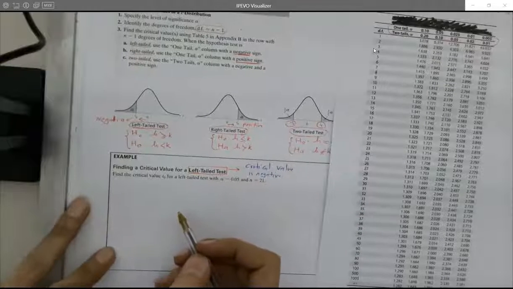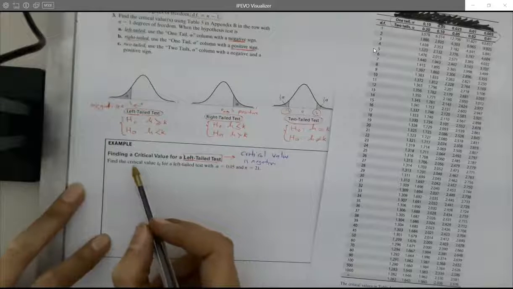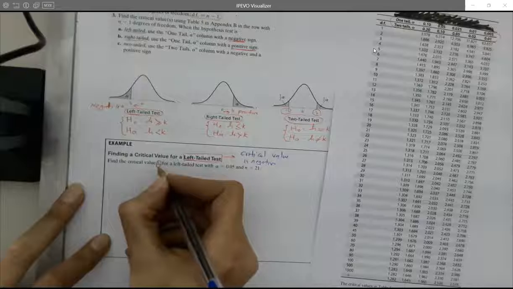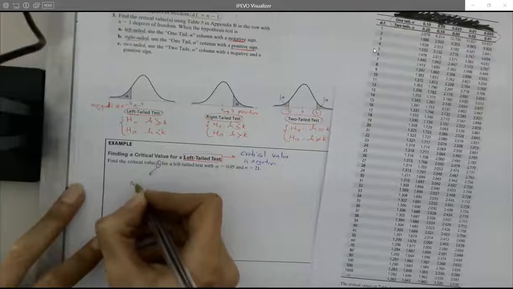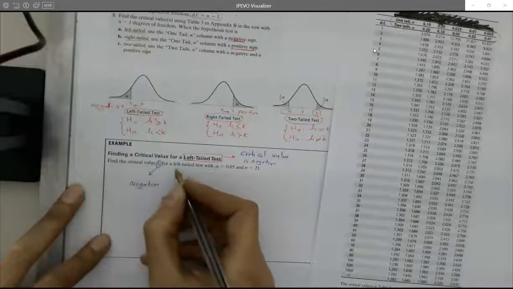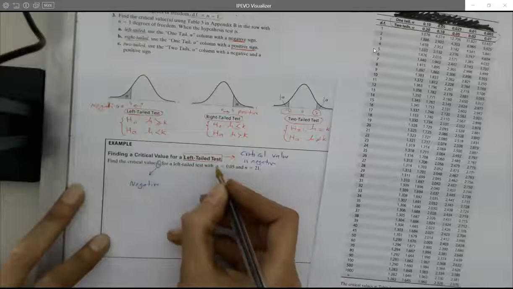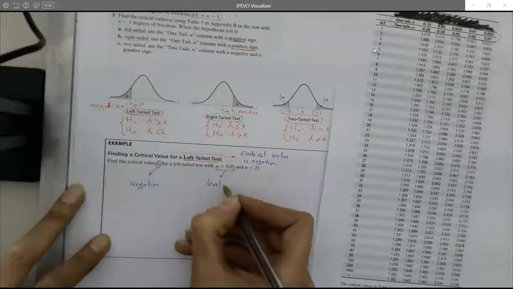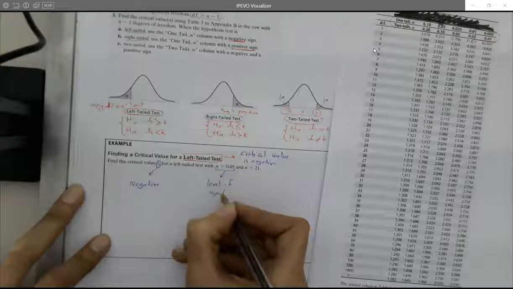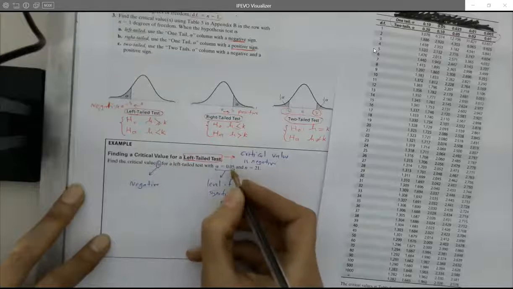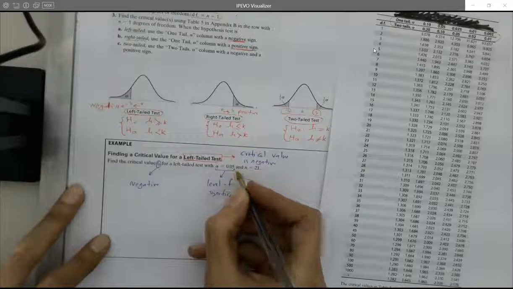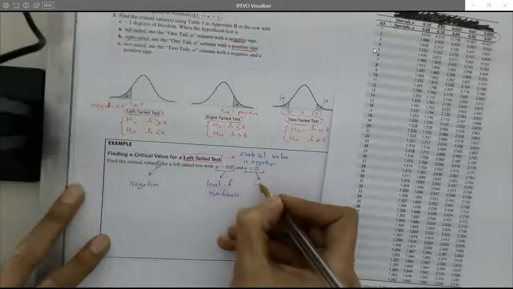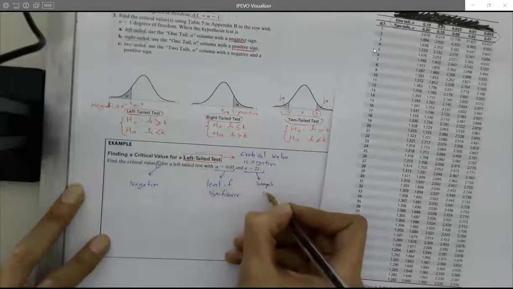Let's see what information is given to us. Find the critical value t sub 0, which is negative, of course, for a left-tailed test when alpha, or level of significance, is 5% and n, or the sample size, is 21.